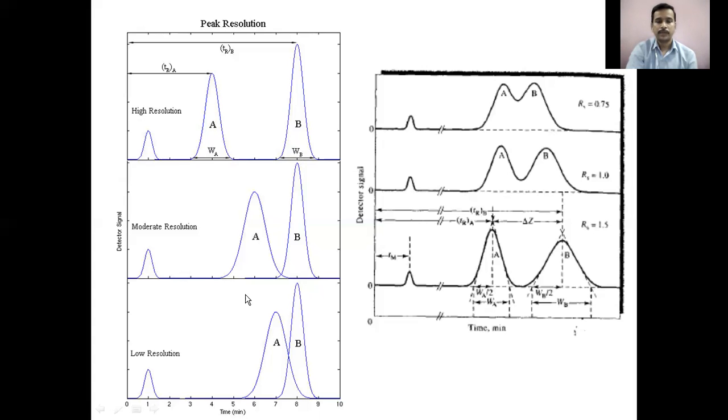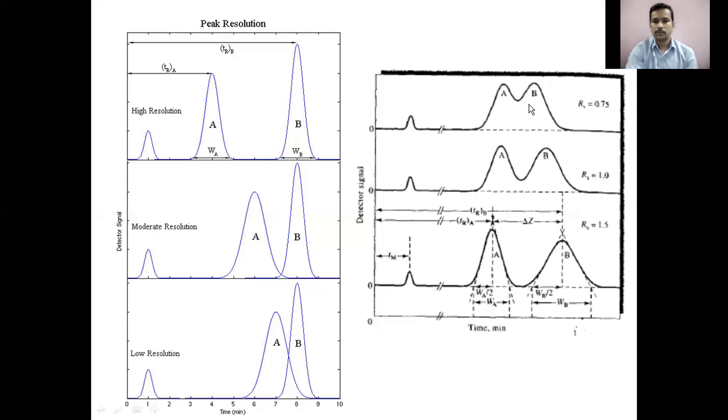So if you compare the relative positioning of the peaks and the relative overlapping of the peaks in three different chromatograms, here the resolution was very poor, here the resolution was moderate, and here the resolution is very good. So, in respect to the mathematical values, here also the three chromatograms have been presented.